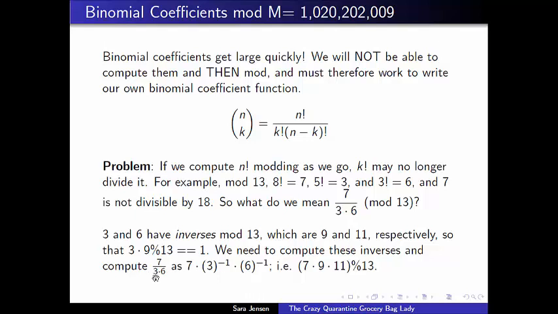Instead of dividing by 3 here, we'll multiply by 3's inverse. So the setup is do the multiplications modding as you go so the numbers don't get very big. Then you'll need to compute inverses for these values that you get and change this division into a threefold multiplication.